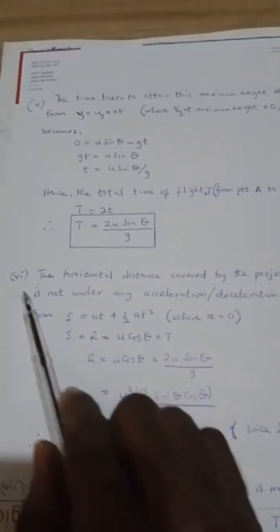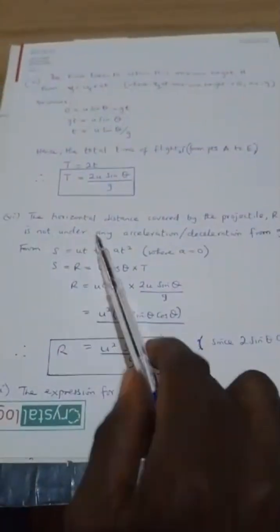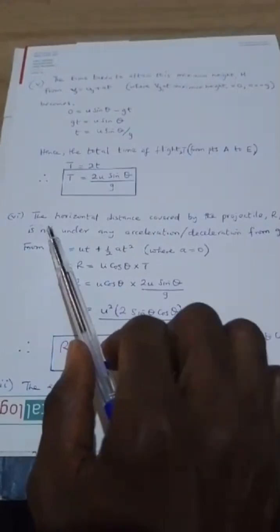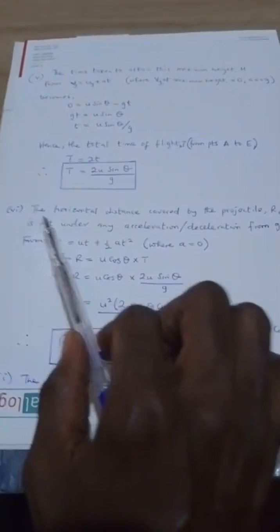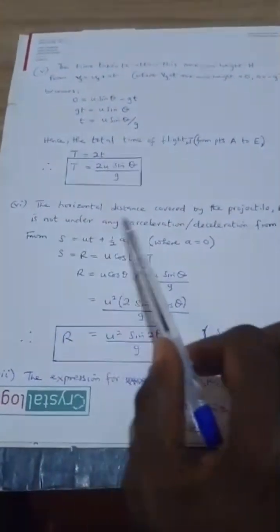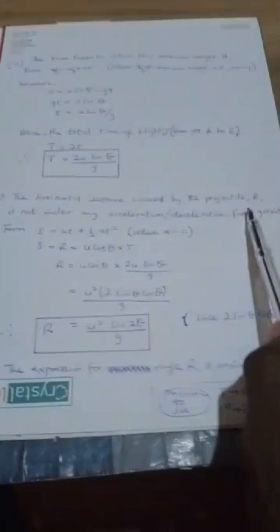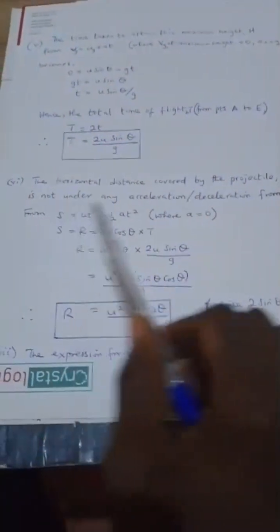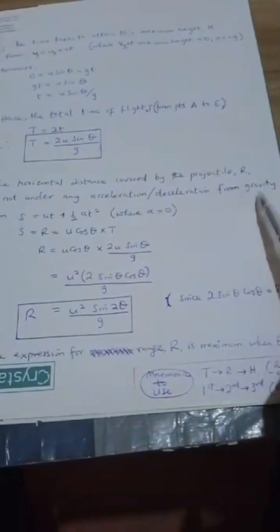Okay, next up, we need to find the horizontal distance. Another thing we need to notice about our projectile motion is the horizontal distance covered by the projectile. The horizontal distance is represented by r, and we observe it's not under any acceleration or deceleration from gravity.